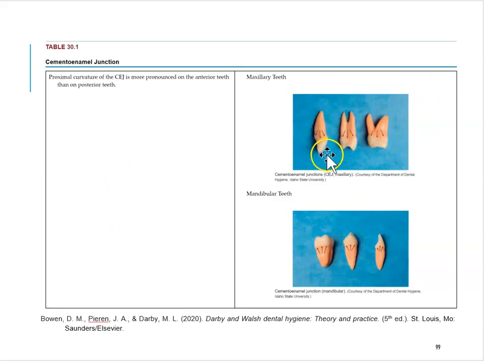If you were to take an Explorer and feel the CEJ bump over here, it's more pronounced on the anterior teeth compared to the posterior teeth. In the posterior teeth, it's actually more flat, but in the anterior teeth, it's a lot more pronounced. So if you were in clinic, and you know how sometimes you have to feel for the CEJ when you're measuring the gingival margin line, you probably would be able to feel it more in the anterior teeth as opposed to the posterior teeth.